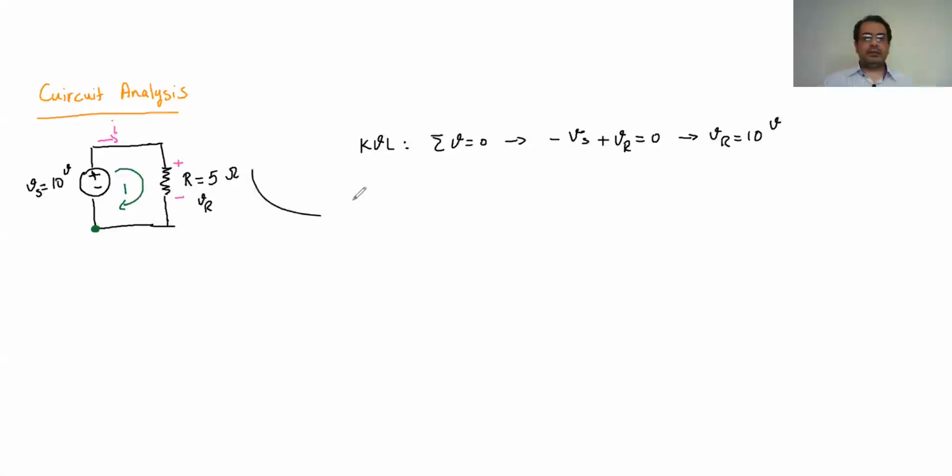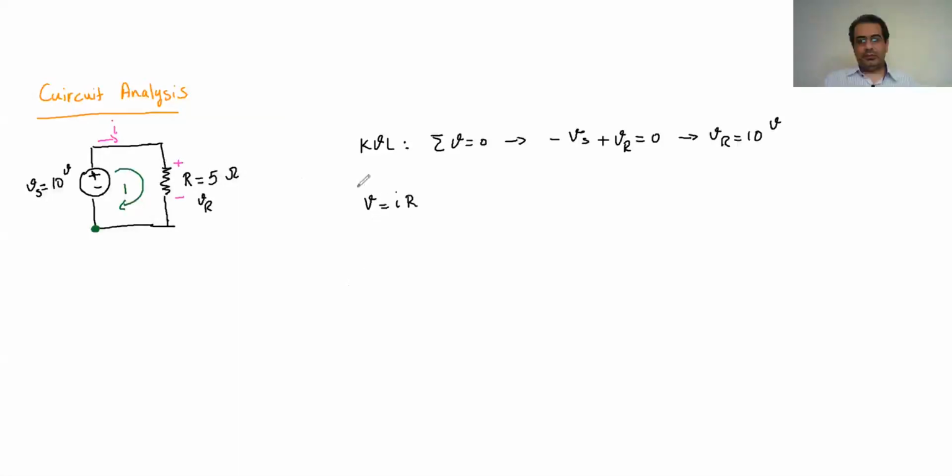So the next thing you need to do is say that for a resistance, V is equal to IR.